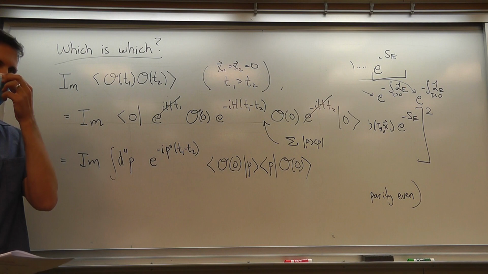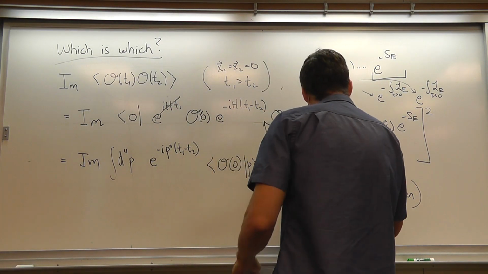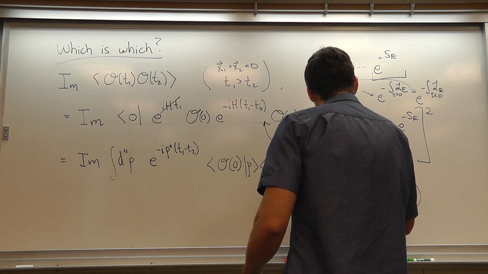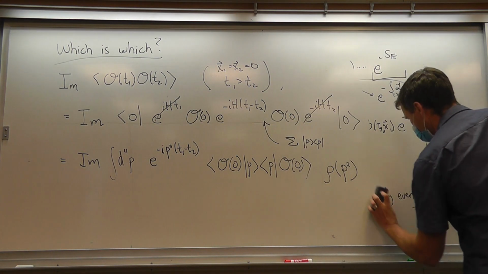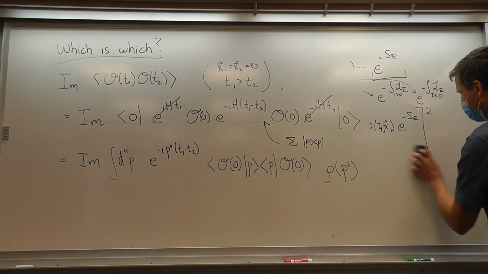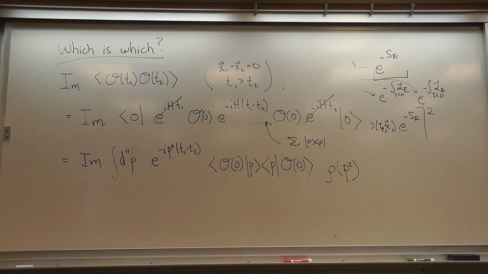So what does that measure look like? Well, it's an arbitrary function of p squared, which you could think of as the density of states in this sum. Clearly it has to be rotationally invariant.